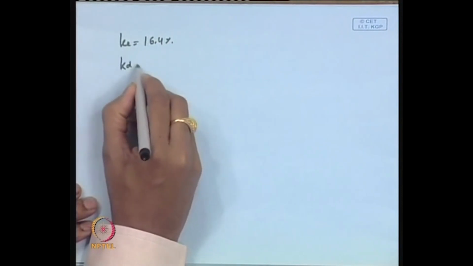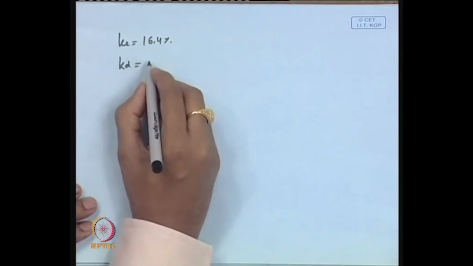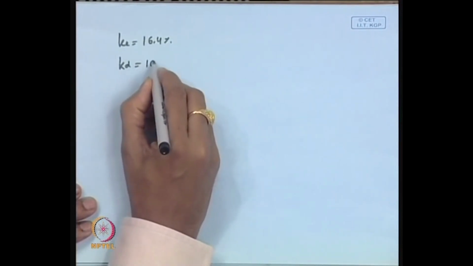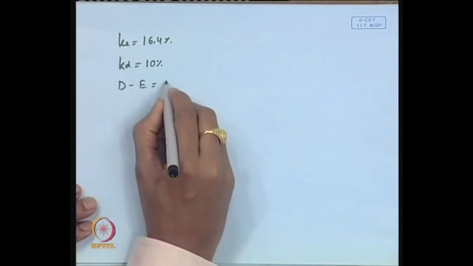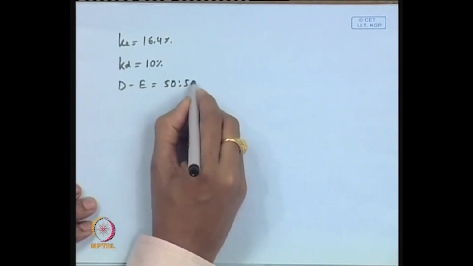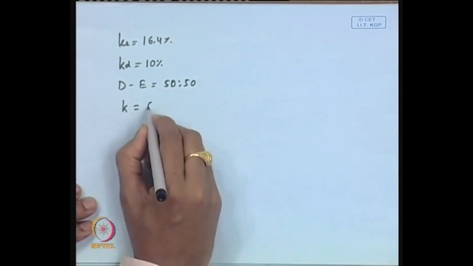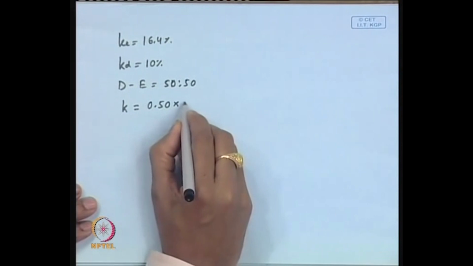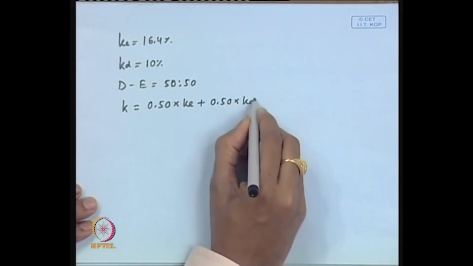After getting this 16.4% cost of equity, and if the cost of debt is, let us say, on a post tax basis, 10%, and the debt to equity of the particular company is, let us say, 50:50, so equal weight, then the cost of capital, simply called K, is now 0.50 into cost of equity plus 0.50 into cost of debt.